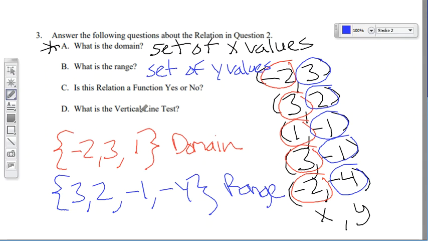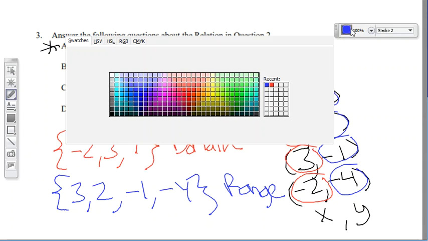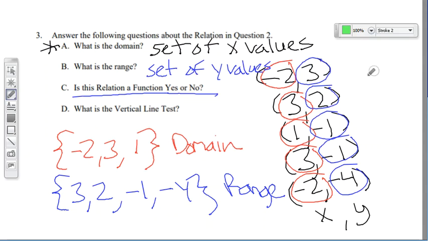Okay, next question, is this relation a function? Yes or no? Okay, so in order for a relation to be a function, you cannot have any x values that have more than one y value.